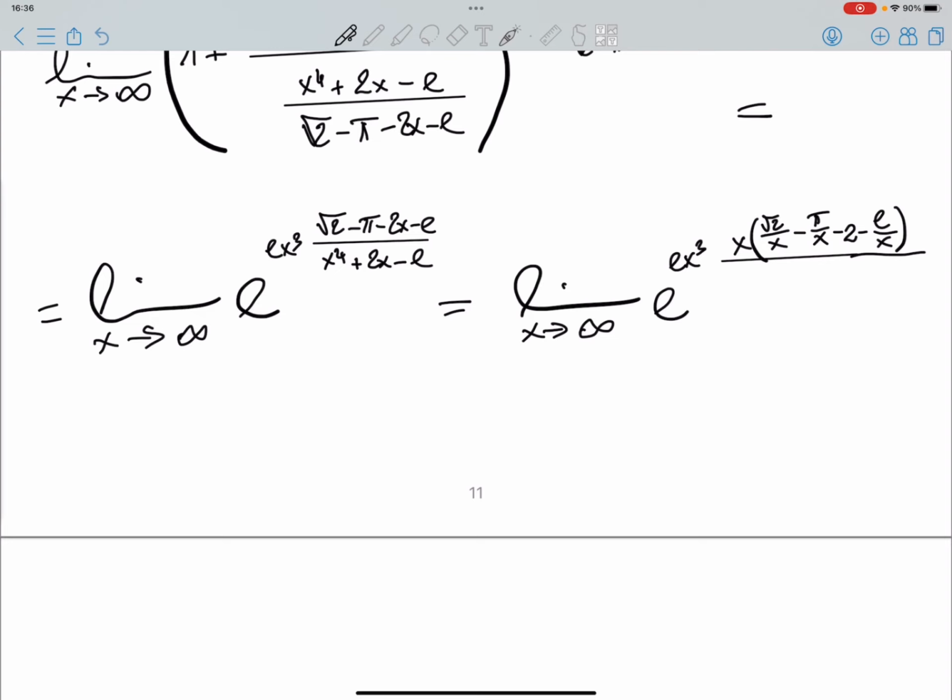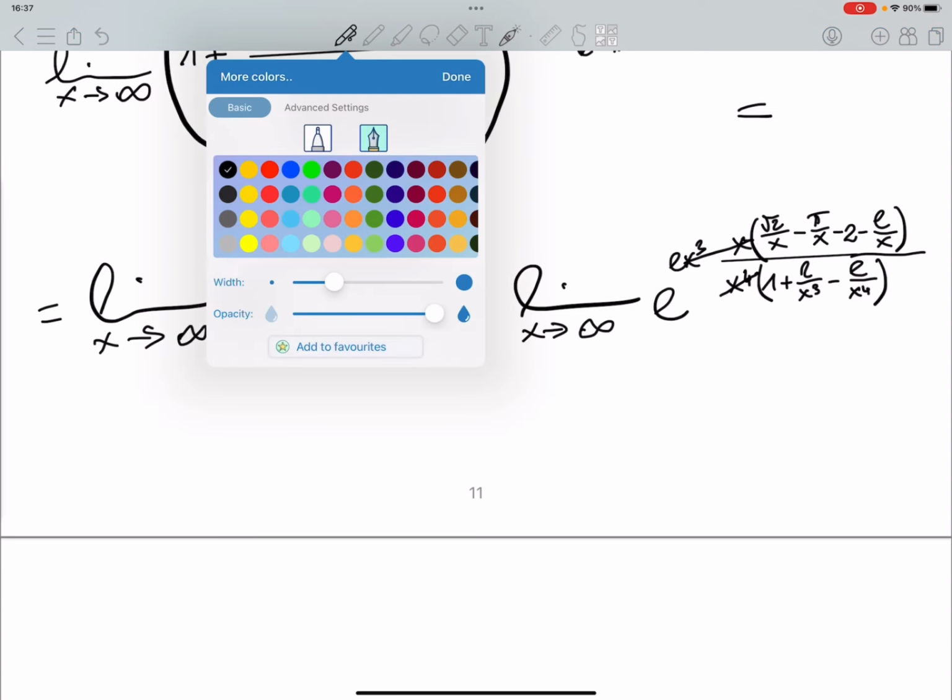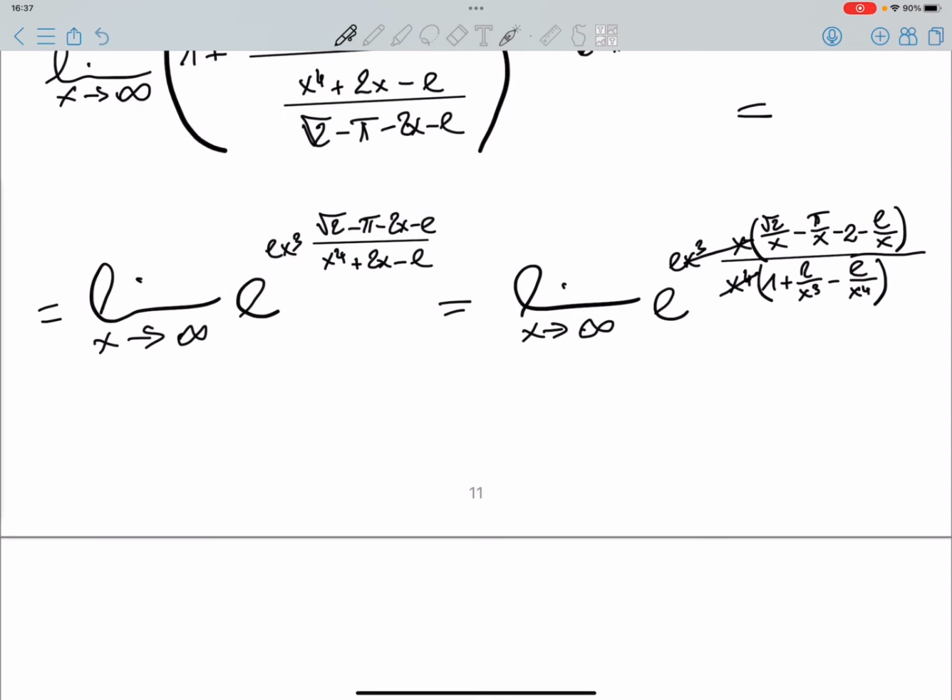On the denominator we have 1 plus 2 over x cubed, minus e over x to the power 4. Now as you can see, x cubed times x would be x to the power 4, so it cancels out. So x to the power 4 cancels with x to the power 4, and then we have the limit of this one as x tends to infinity.